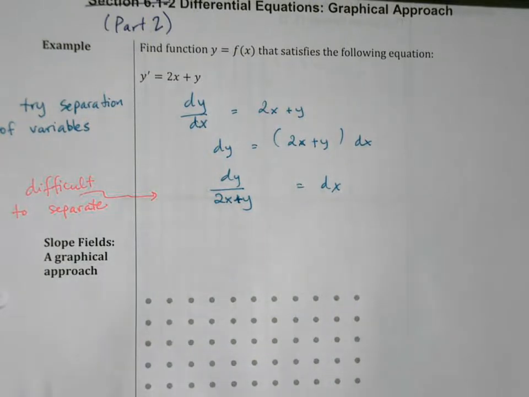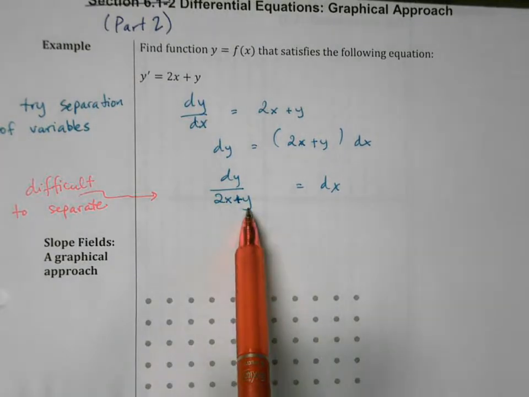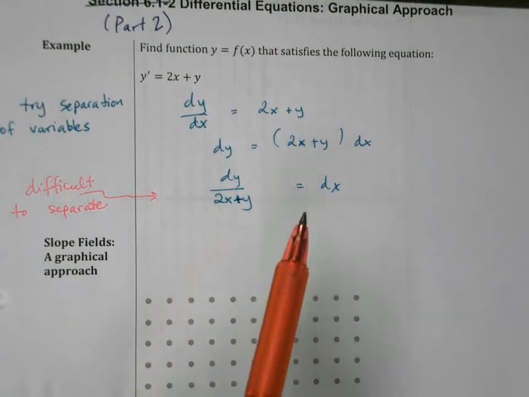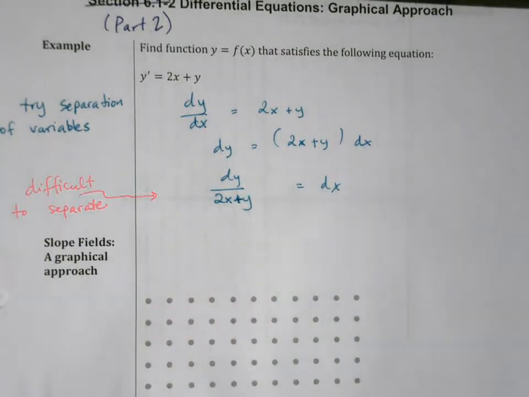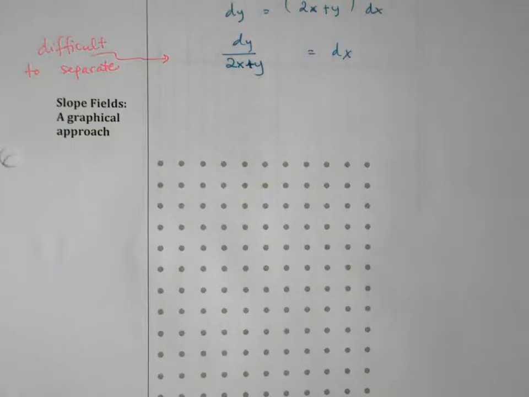So that's a motivating example as to why we need to take a graphical approach. We will learn methods for dealing with these types of differential equations later, but for now, let's take a simpler approach, which is the graphical approach.